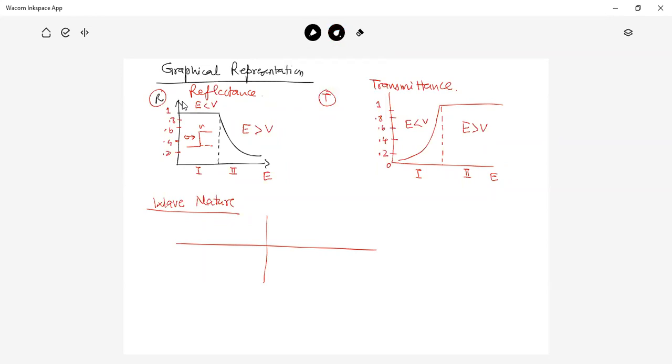The wave nature is something like this when E is greater than V, and when E is less than V.